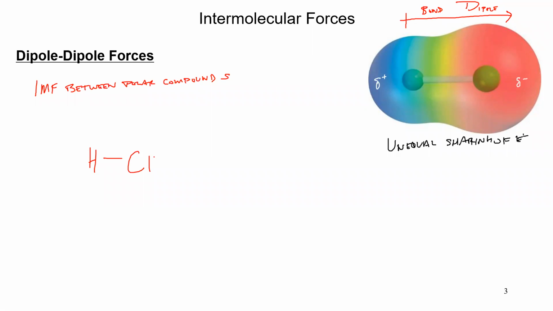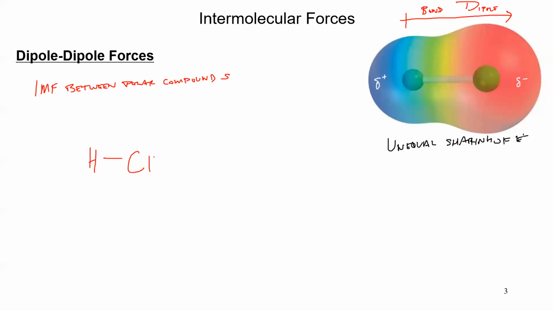Hydrogen. Hydrogen's partial positive. How do we know that? Chlorine has a negative charge. That's true. Is it about electronegativity? Absolutely, electronegativity is what I'm trying to get at.